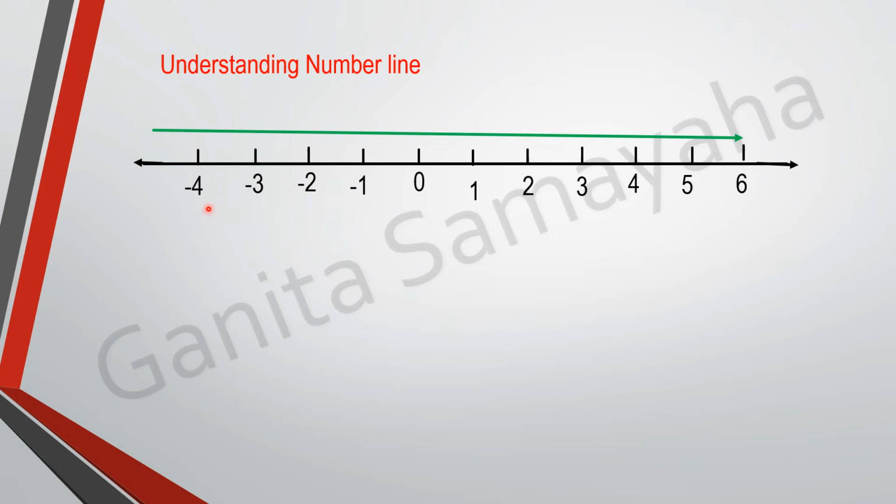For example, -4, if you go to -3, -3 is a bigger number than -4. Okay. -2 is a greater number than -4. Okay. Here we are considering integers including the sign.